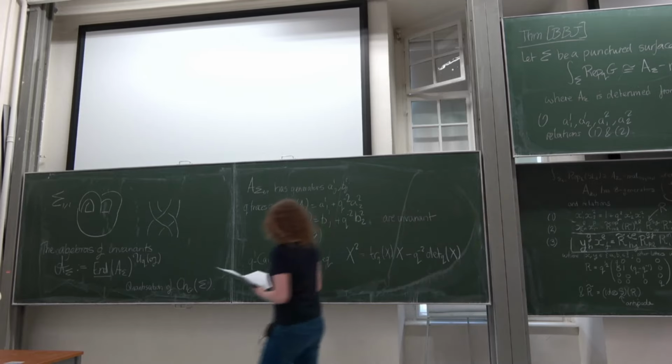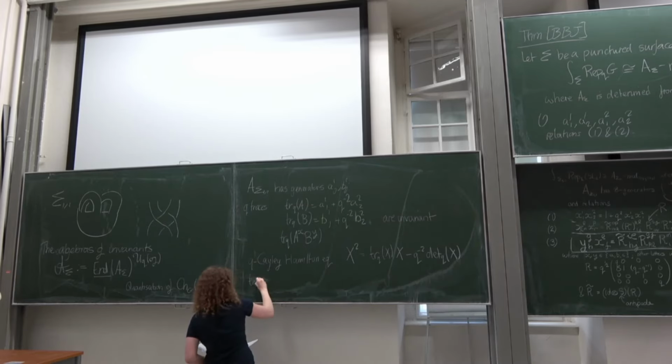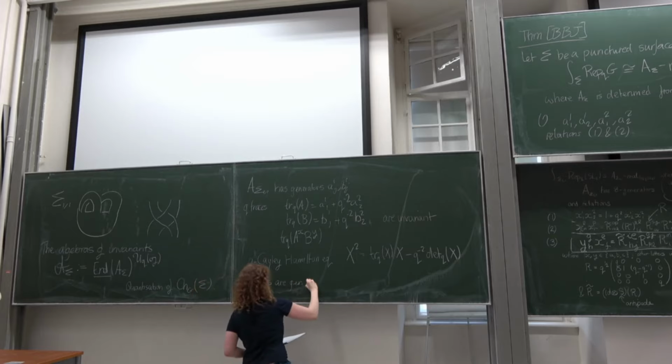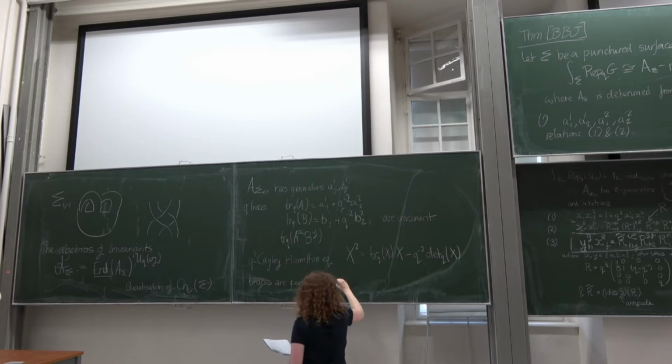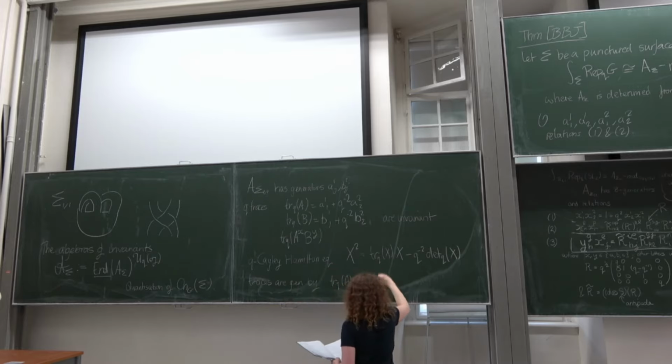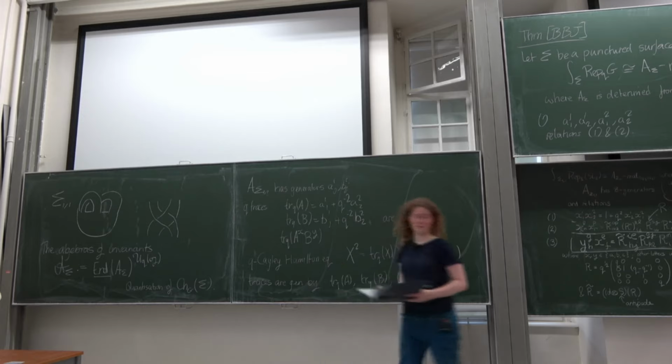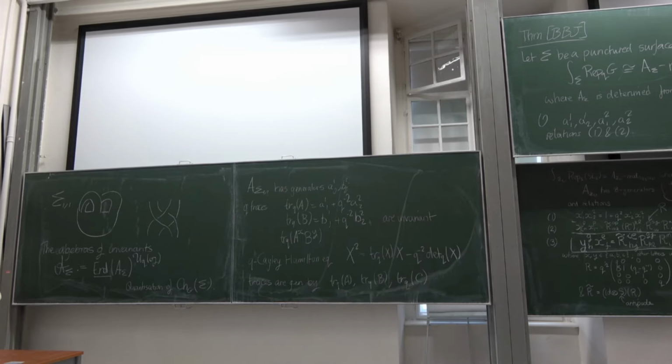So in particular, the traces are generated by just the quantum trace of A, the quantum trace of B, and the quantum trace of C. So we know that this algebra of invariants is made of just these three traces.